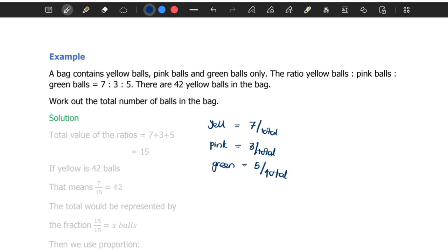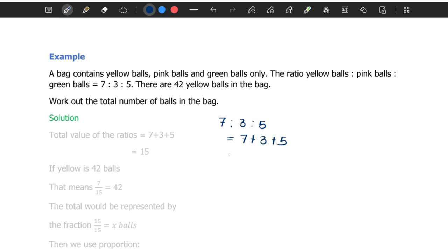There are 42 yellow balls in the bag. Work out the total number of balls in the bag. So from a fraction perspective, we need to first find what the total number is. So we're told that the balls are 7:3:5. So the total is going to be 7 plus 3, 10, plus 5, 15, which is equal to 15, right?